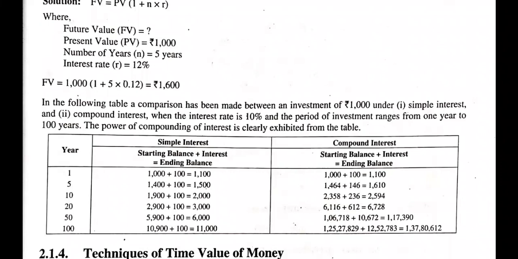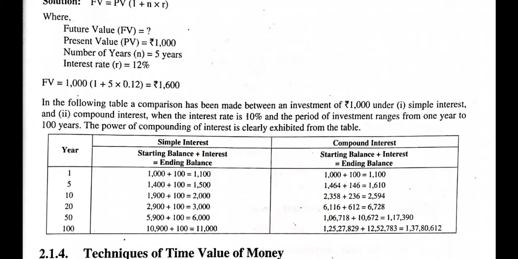By this, if you see at the end of the 100th year, simple interest will be 11,000 rupees. Of 1,000, the simple interest future value is 11,000 rupees. From 1,000, it reached 11,000 rupees.